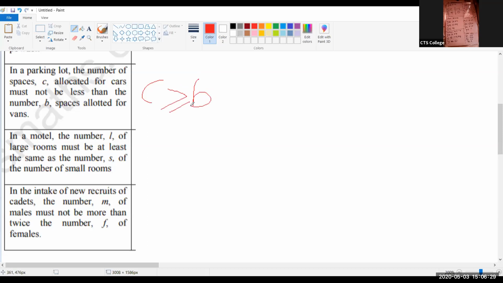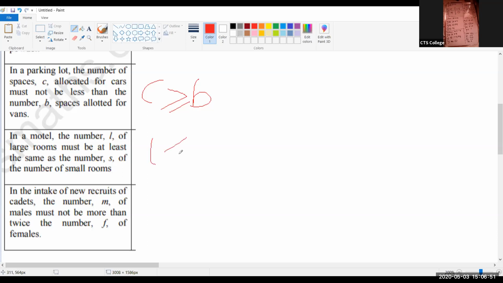All right. In a motel, the number L of large rooms must be at least the same as the number S of small rooms. L is less than or equal to S. Let's read that again.